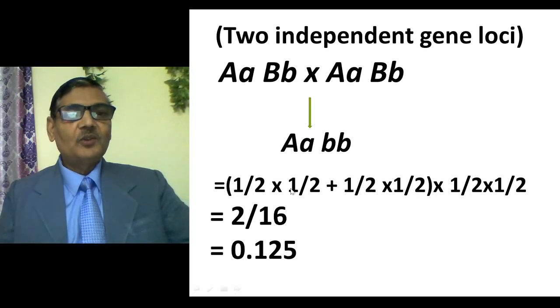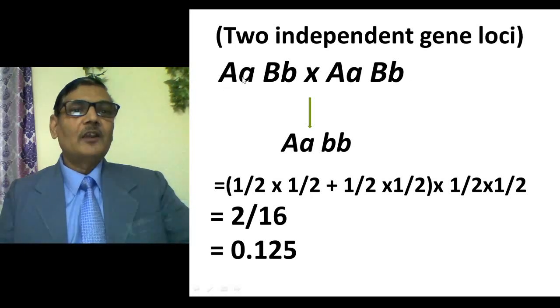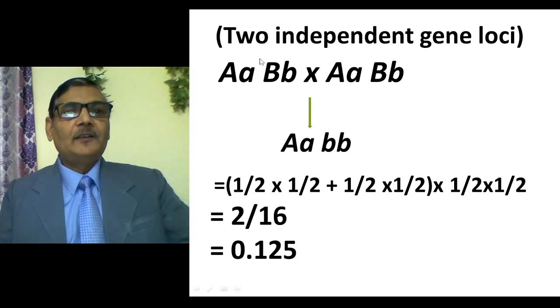So 1 by 2 into 1 by 2 plus 1 by 2 into 1 by 2, because here both the multiplication and addition rules will be applicable. Addition we are doing because an either-or condition is there. Okay, we can get capital A small a or small a capital A, and then getting small b.